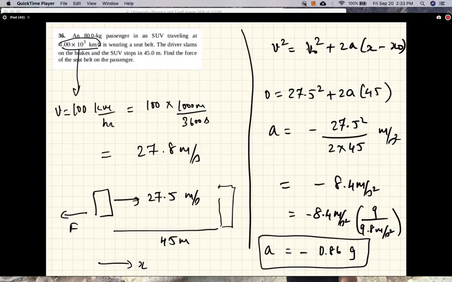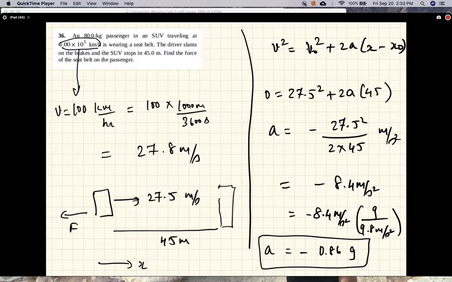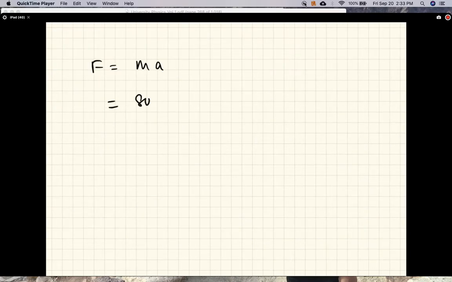Anyway, so let's calculate the stopping force. Find the force of the seat belt on the passenger. So that force of the seat belt would be the mass of the passenger times his acceleration. The mass of the passenger is 80 kg, and the acceleration is, well, we are just calculating the magnitude.